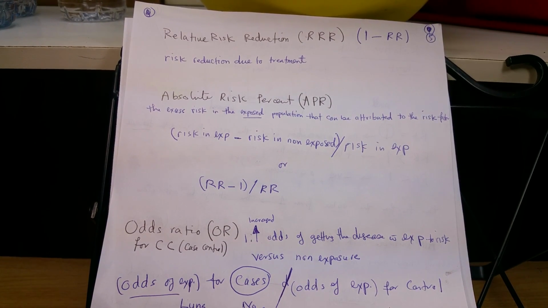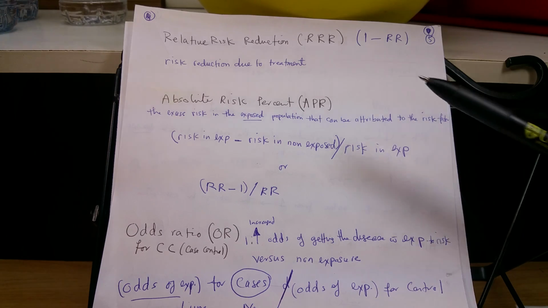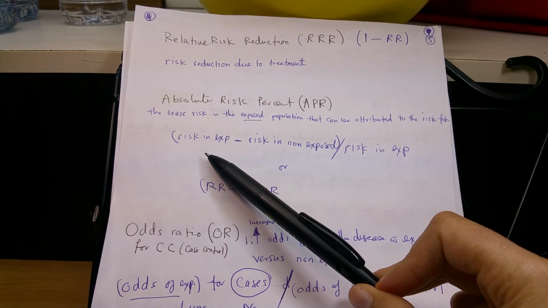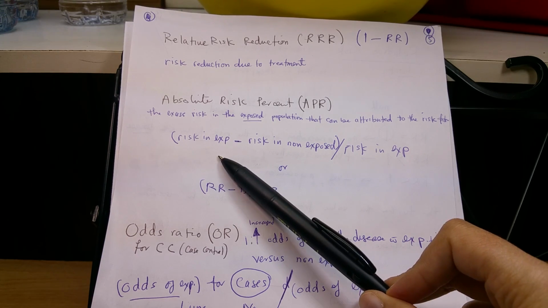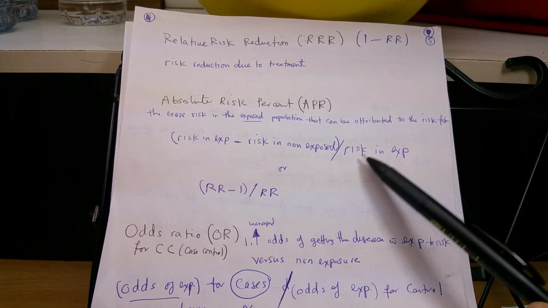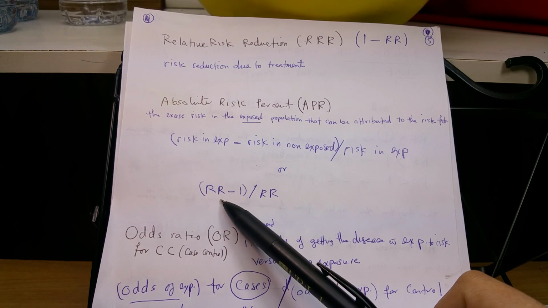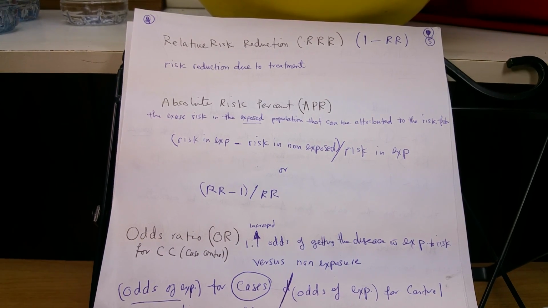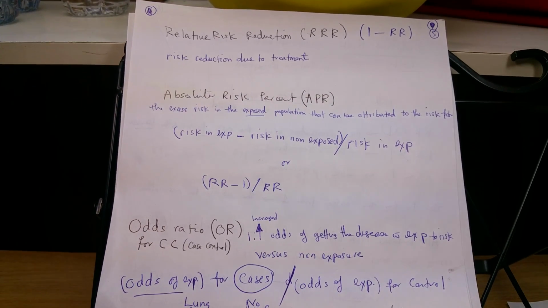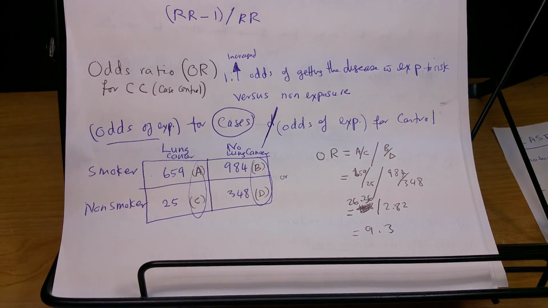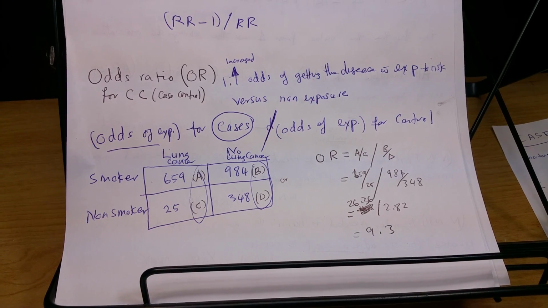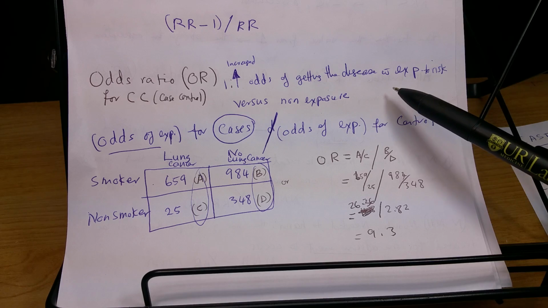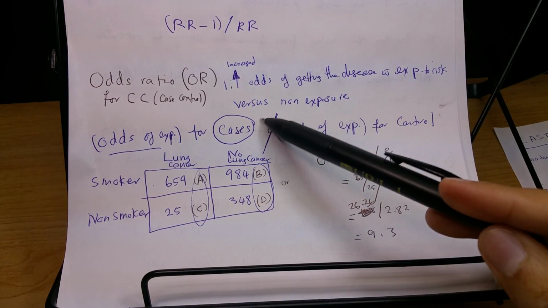In relative risk reduction, the risk reduction due to treatment is 1 minus the relative risk, while the absolute risk percent is either using this formula, risk in exposed minus risk in unexposed divided by the risk in exposed, or by relative risk, which is easier, relative risk minus 1 divided by relative risk. The odds ratio, which is for case control, as we said, is the increased odds of getting the disease in those exposed to the risk versus the non-exposed.